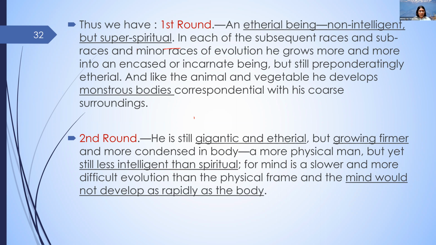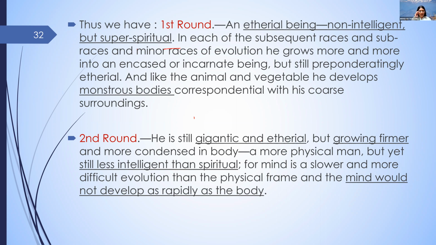For mind is a slower and more difficult evolution than the physical frame, and the mind would not develop as rapidly as the body. So see, body has already started to consolidate and is taking form, but mind is not keeping pace with the evolution of form. It develops more slowly as compared to the physical body.